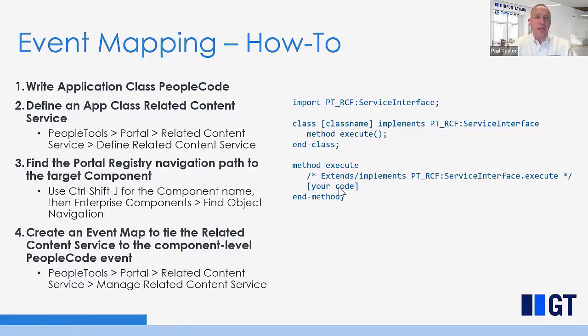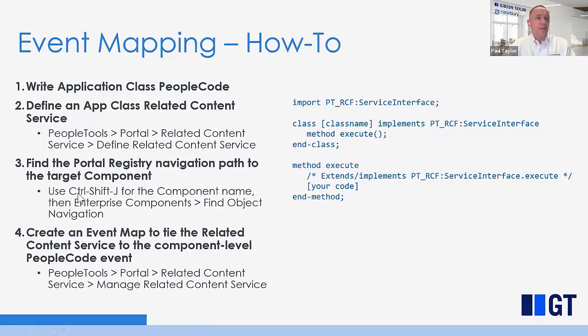And then you're going to add your own code right in here to have it be executed by the related content service. So you're going to write your PeopleCode. You're going to define an app class related content service in the application.